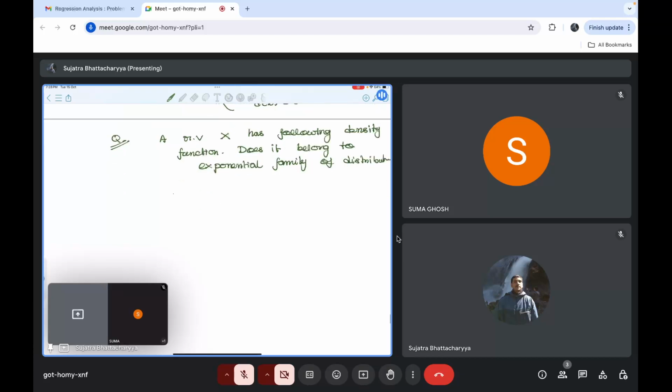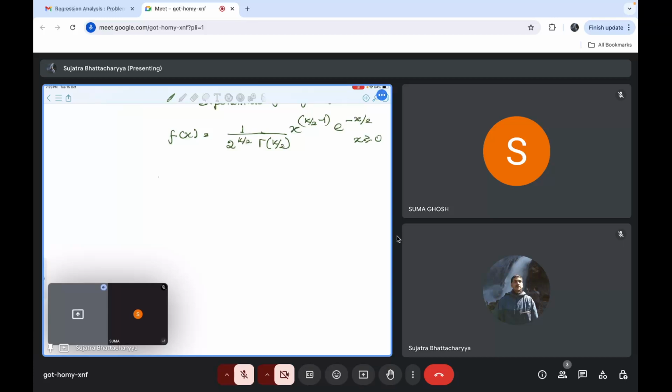So this is the question. You will find that f of x is 1 upon 2 to the power k by 2 gamma of k by 2, x to the power (k by 2 minus 1), e to the power minus x by 2, where x should be greater than or equal to 0. Essentially a gamma distribution function. You can clearly see that. Now, again step by step, we will go for this exponential bracket and try to fit this particular thing.